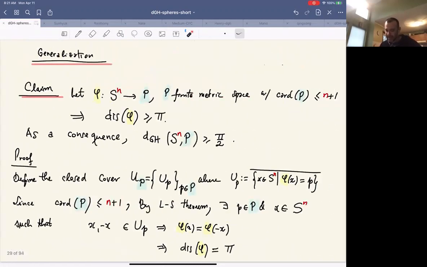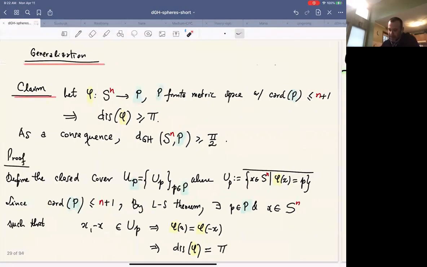And this can be generalized a little bit in the following manner. If you have any finite metric space P with cardinality at most n+1, then any phi map from S^n to P must have distortion at least pi. As a consequence, the Gromov-Hausdorff distance between S^n and any such P is at least pi/2. The proof is essentially the same as the one I gave before, only that now we have a general number n operating.